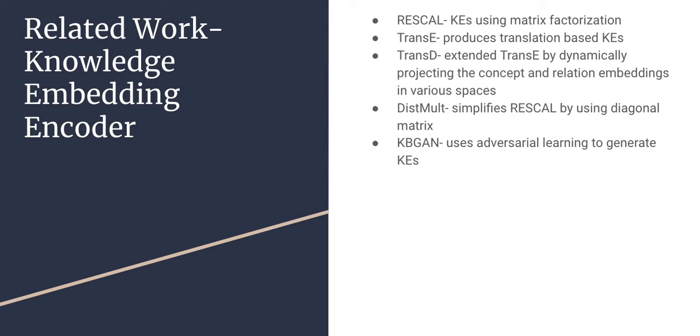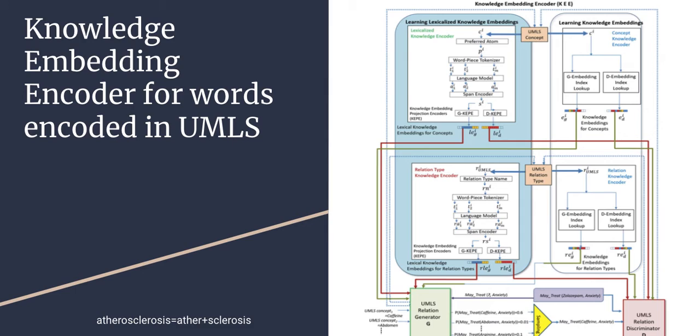In TransE, the concept and relation embeddings are all in one space, while in TransT they are in multiple spaces. Previous authors have also proposed DistMult, which simplifies RESCAL by using a diagonal matrix, whereas KBGAN uses adversarial learning to generate the knowledge embeddings. In this paper they have extended KBGAN to increase the accuracy.